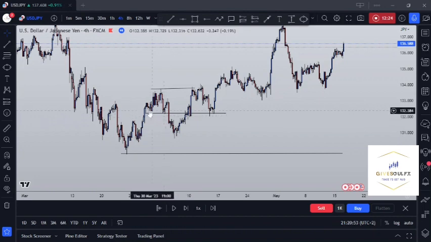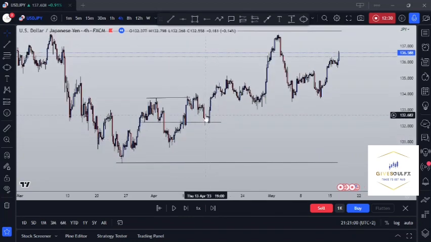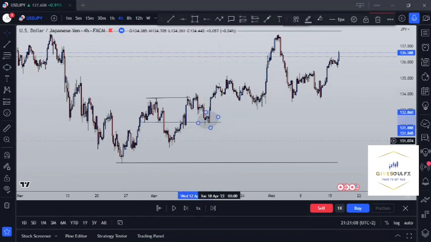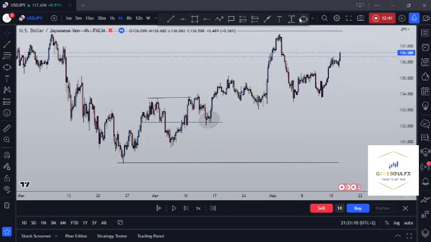Impulsively price broke that level here. So for a bullish momentum, if you are on an uptrend, you have to know your points of interest, then your big break of structure. You have to know how to use them.